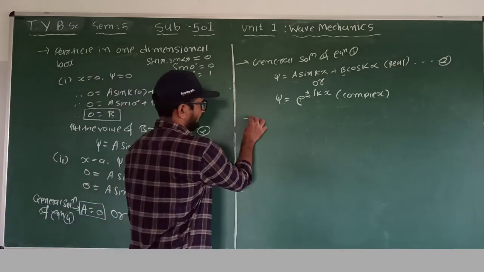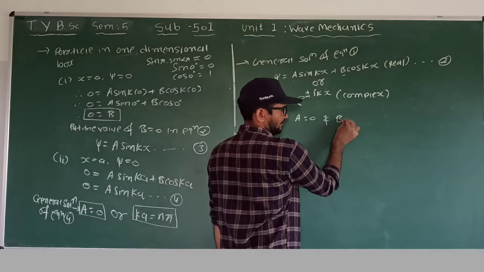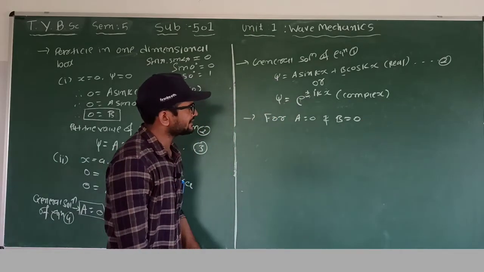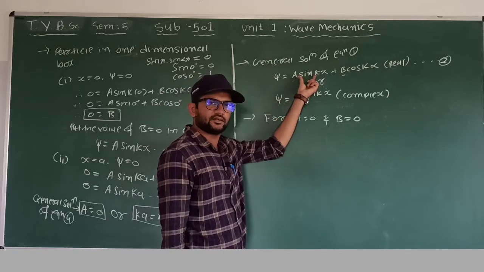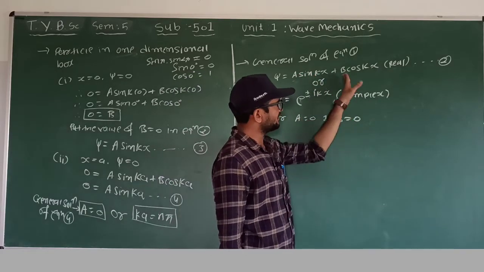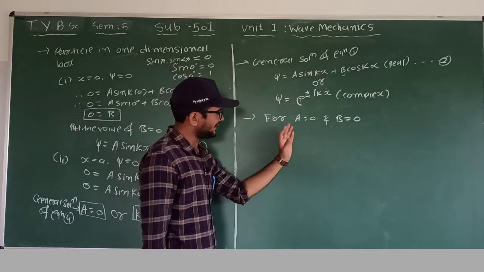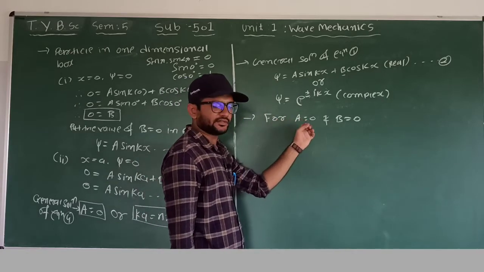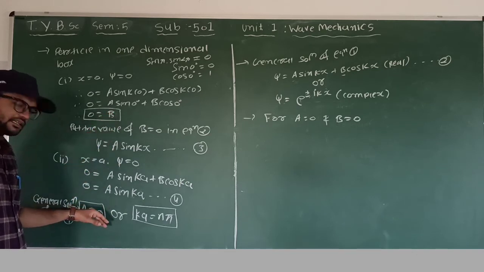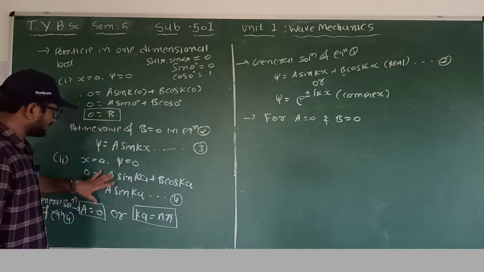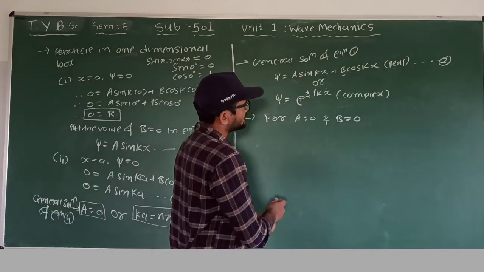Therefore, for A is equal to 0 and B is equal to 0, in equation number 2 the first term is 0, and the second, B is 0, 0 into 0, it means psi is 0 at any value of x. If I put both A and B as 0 in equation number 2, it is the general solution of the Schrodinger equation.